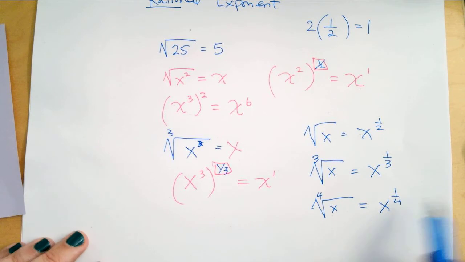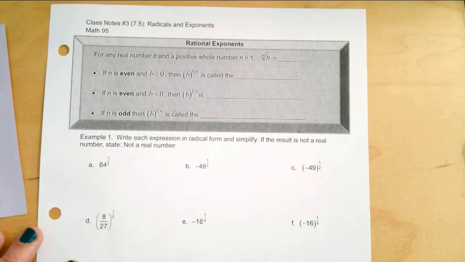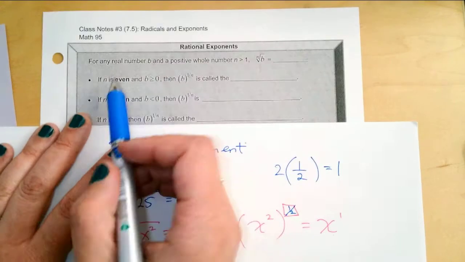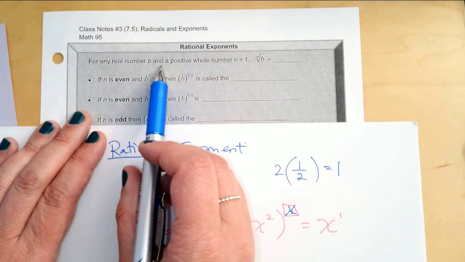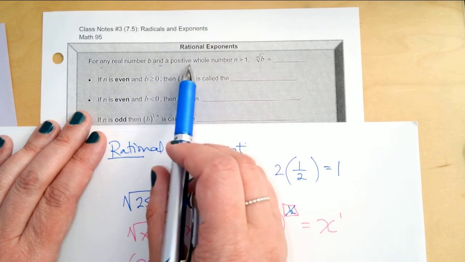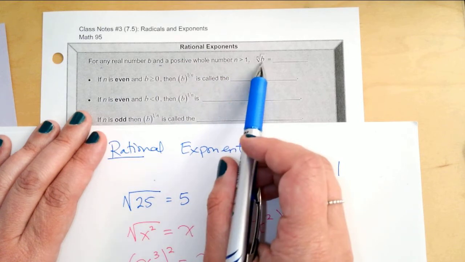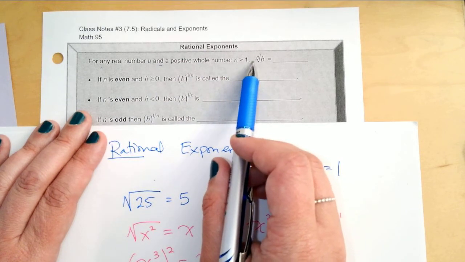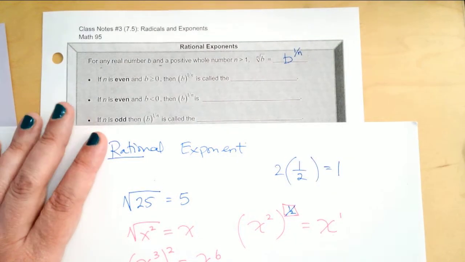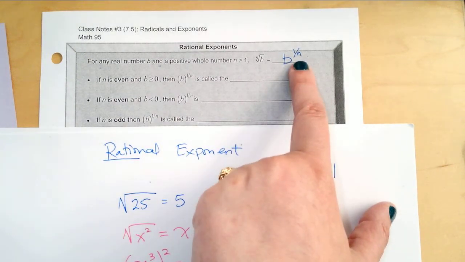And what we're going to see as we go to this definition: for any real number b and a positive whole number n greater than 1, the nth root of b is the same thing as b to the 1/nth power. So we're taking that base and using a rational exponent.